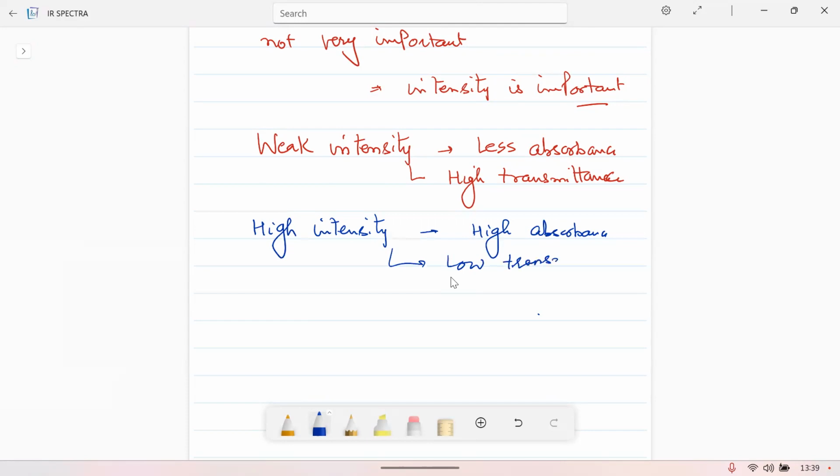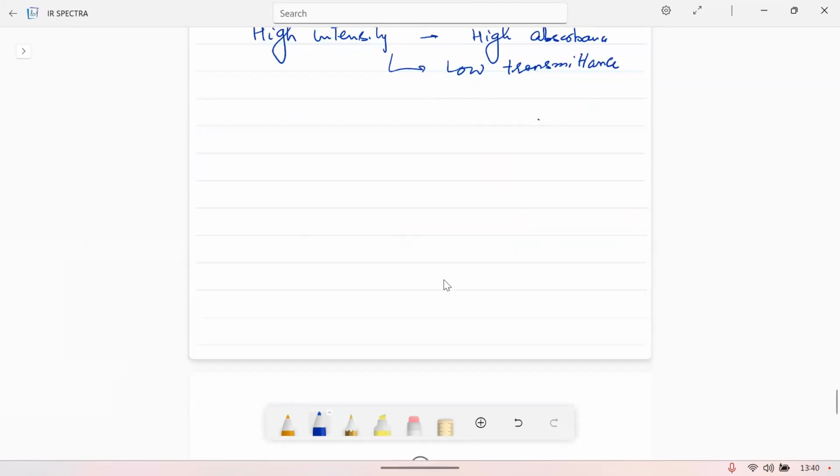This is right now only for our understanding. We are not going to use them as such. Maybe they will give us it in a multiple choice, so we need to understand it. That's the only thing. Now, what are we going to use this for? How is the IR spectra going to help us?